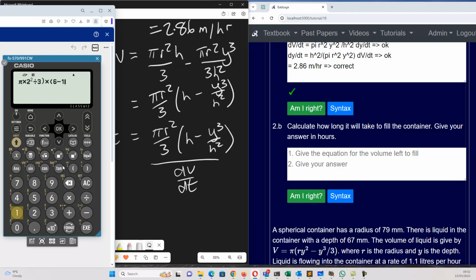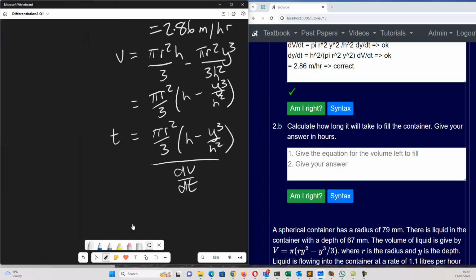Y is 1, but I'll put it in anyway, so that's y cubed divided by h squared, which is 6 squared, close brackets, and then that is divided by 1,000 litres per hour, and 1,000 litres is 1 cubic metre, so that's going to be divided by 1, and that's going to give us 25.02 hours. So that equals 25.02 hours. Right, let's put that into Babbage.